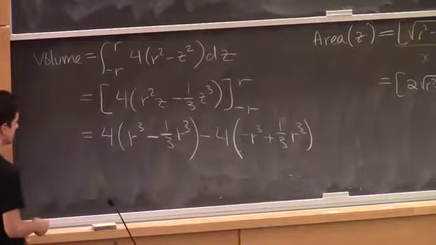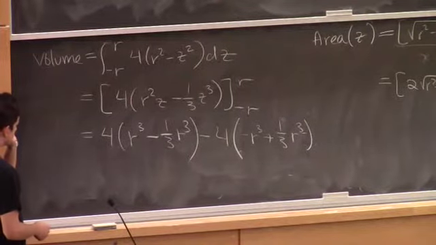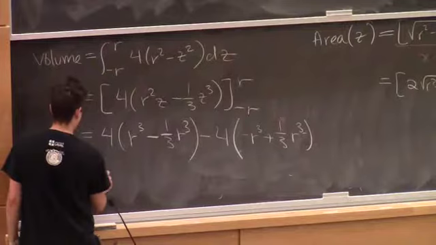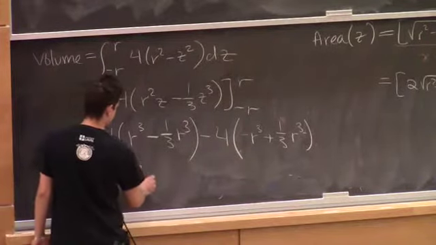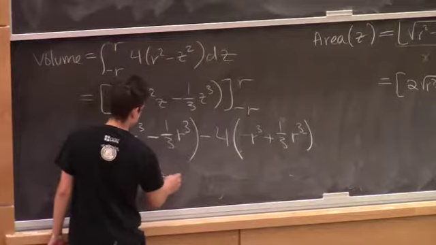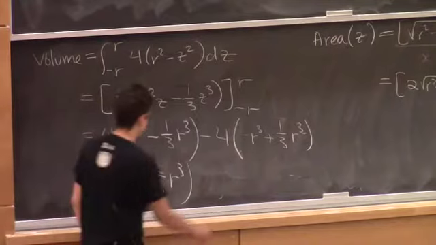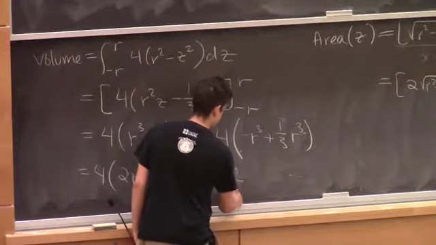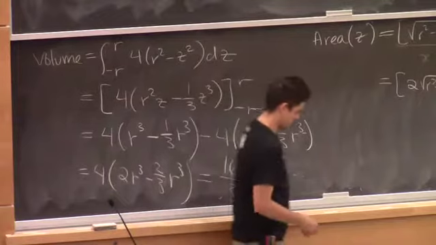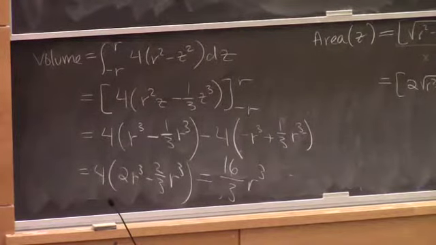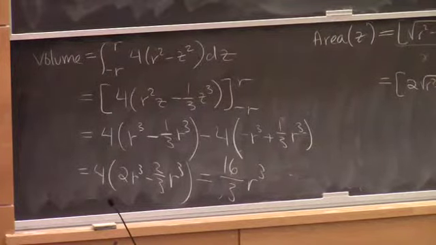We get something like this. Okay, so doing the arithmetic, we get 16/3 r cubed. We've done this just understanding the area of the slices, right? We haven't understood really the shape of the thing, but we've managed to find its volume.